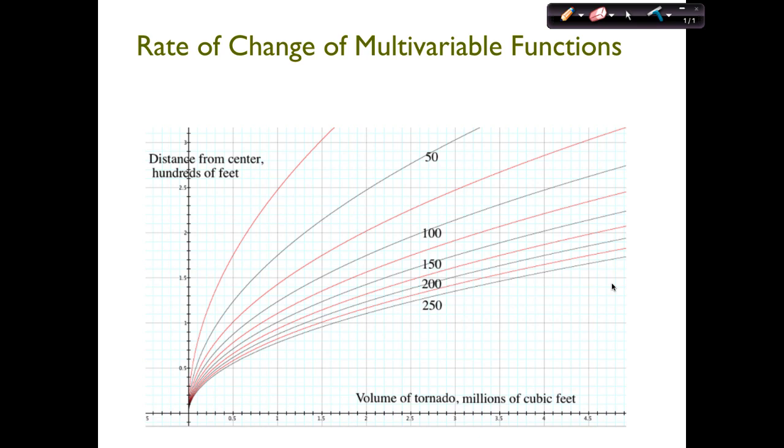So this is the wind speed in a tornado, a function of the volume of the tornado and distance from the center. So we'll just call it F. So volume and distance. So I write these here.